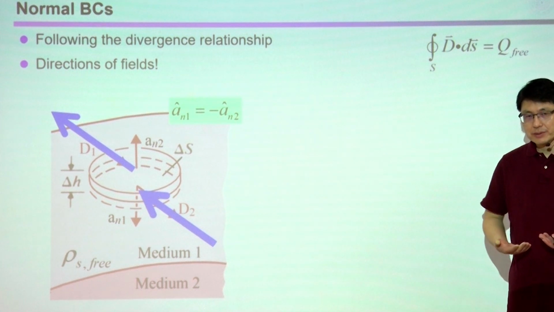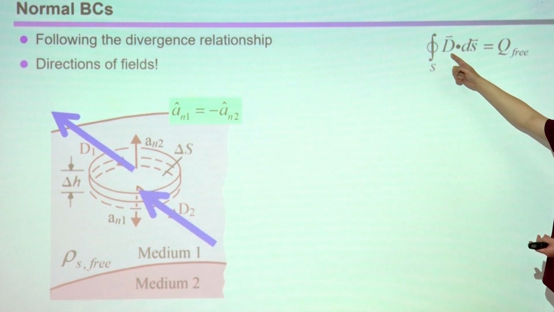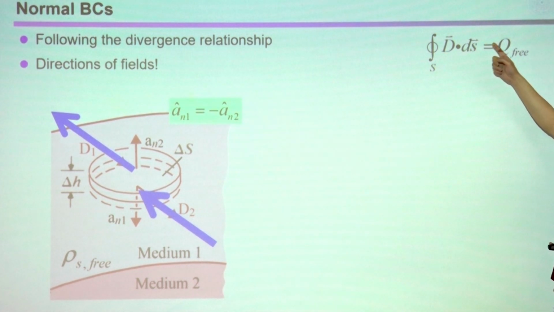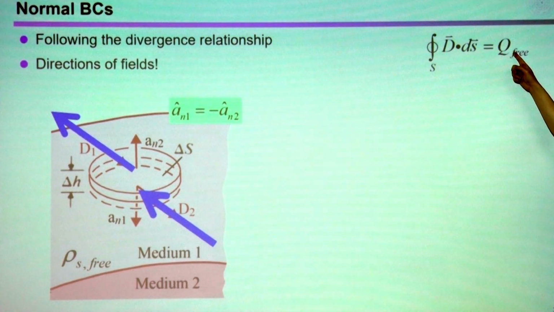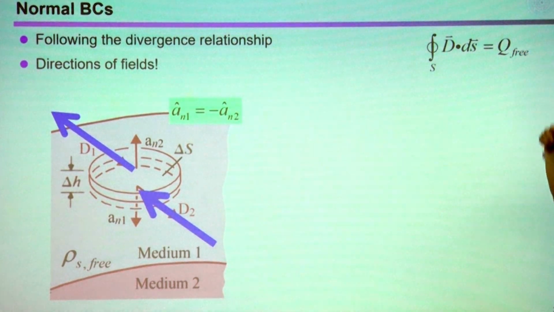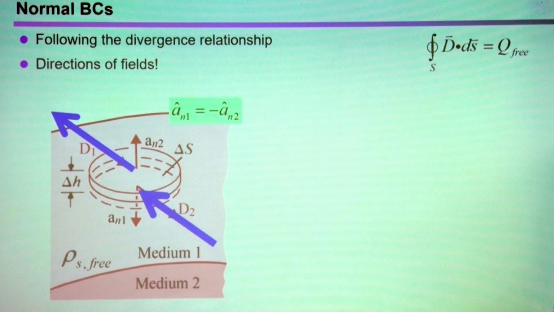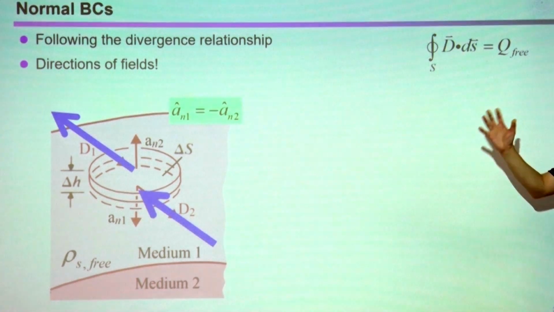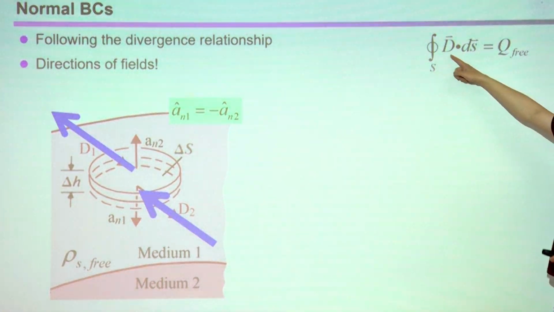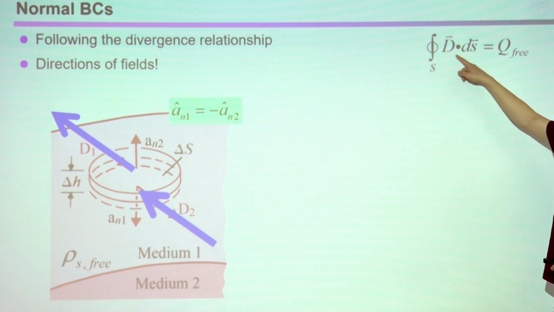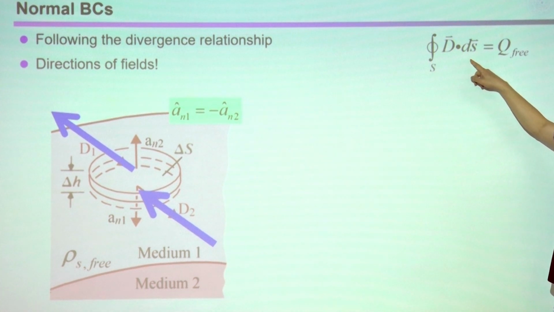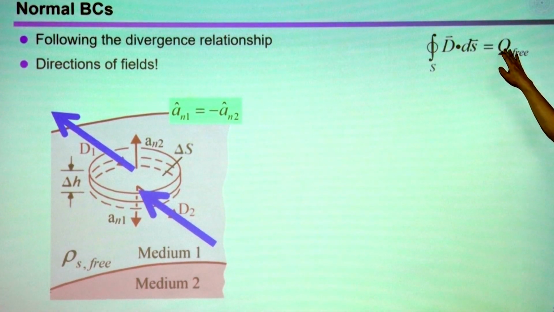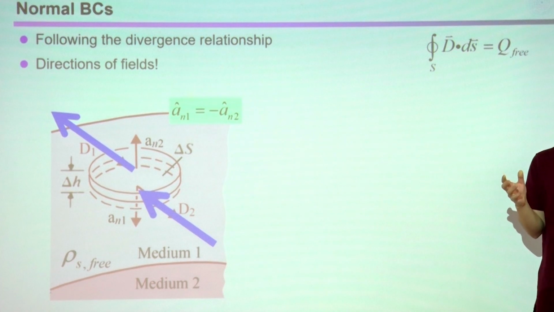As we talked about, well, divergence of D is equal to the free charge enclosed, right? So that means if you form a closed surface and you evaluate the net outward flux, it is equal to the free charge being included.